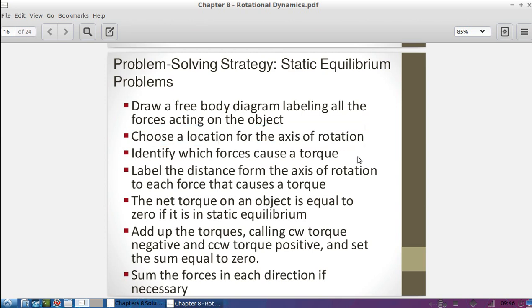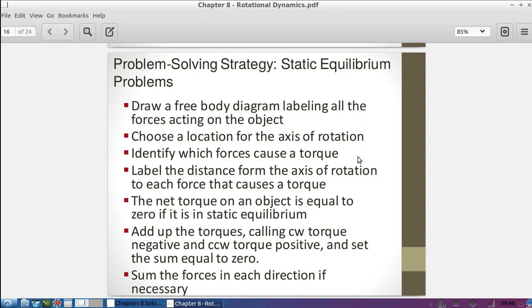And again, I'll show you that in a couple examples how that works. So once you pick your axis of rotation, you have to identify all the forces that are going to cause a torque on that object. That means any force that's being applied some distance from the axis of rotation and has a component that's perpendicular to the radius vector, right?